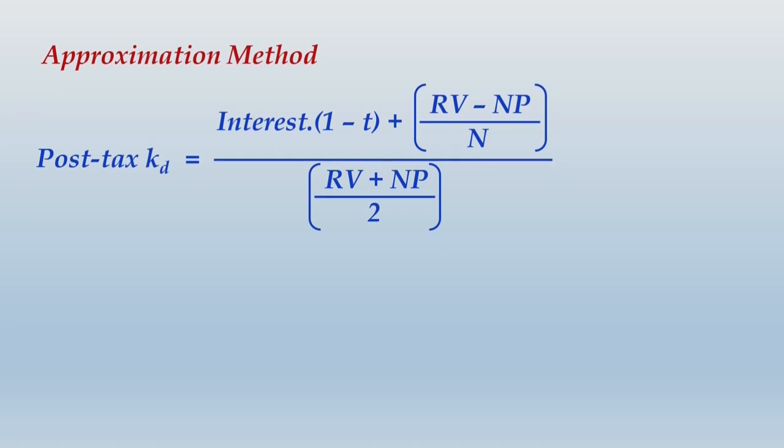But if you still want to understand something, the first component of cost of debt in this formula is interest into 1 minus T, that indicates the post-tax component of interest cost, plus the second term over there is RV minus NP divided by N. Some time back I gave you an example where net proceeds were 10 lakhs, redeemable value was 12 lakhs.